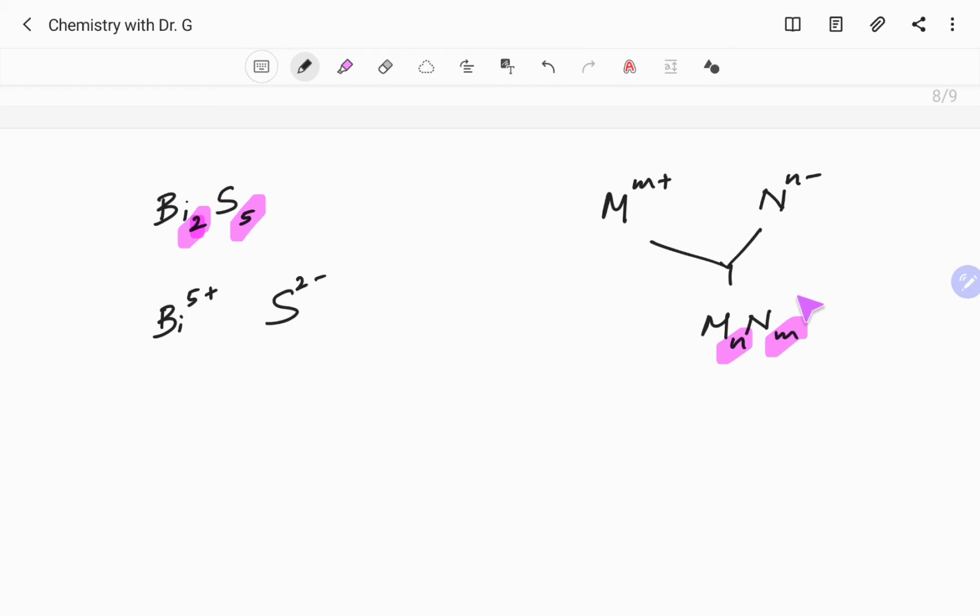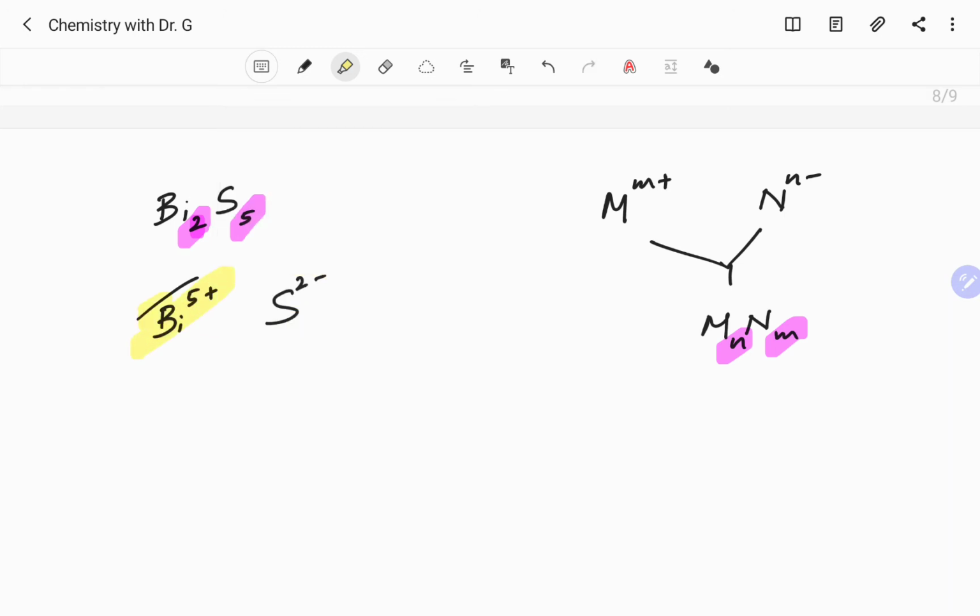When you are writing the chemical formula, you swap the charges and put them as subscripts. So by looking at these subscripts, you kind of know the charge of the cation. It is a good shortcut, but sometimes you have to be a little bit cautious. But now we know that is our metal.